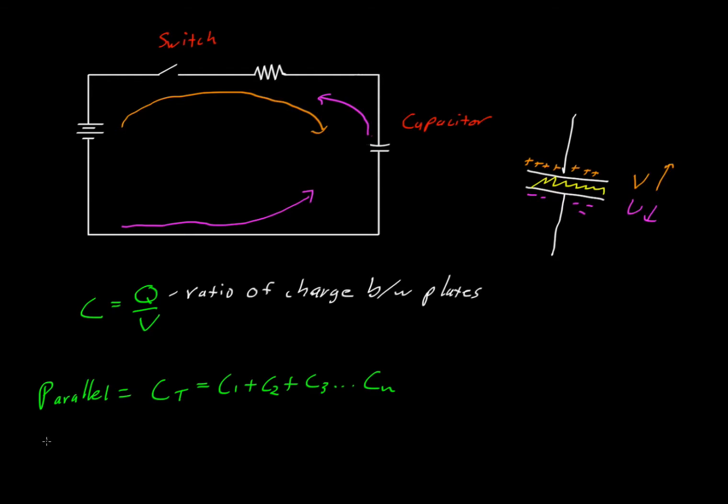In series, they're subject to the voltage on the other side of each one. So in series, 1 over CT equals 1 over C1 plus 1 over C2 plus 1 over C3 all the way to 1 over Cn. So notice that is the exact opposite of how resistors work. Okay, that's the easy way to remember that.